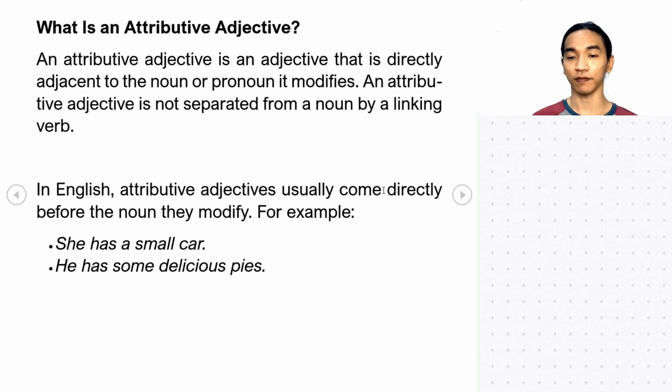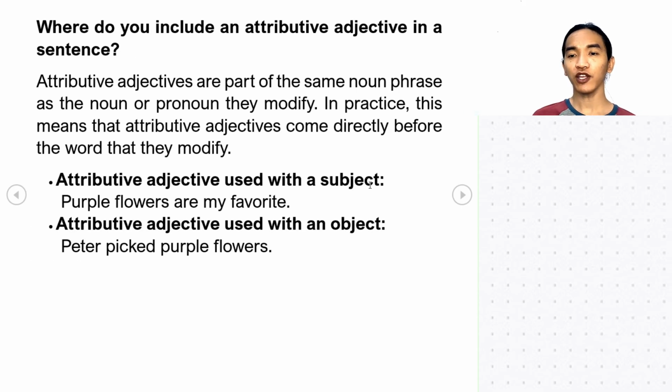So in English, attributive adjectives usually come directly before the noun they modify, or pronoun, usually noun. For example, she has a small car. Next one, he has some delicious pies. Okay. So what are your attributive adjectives here? We have small and delicious because they come directly before the noun that they describe. Okay. Now, where do you include an attributive adjective in a sentence?